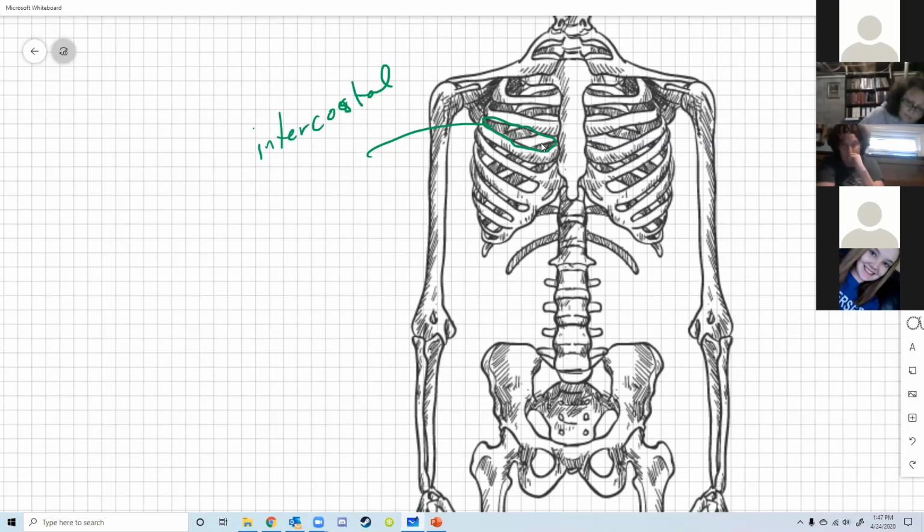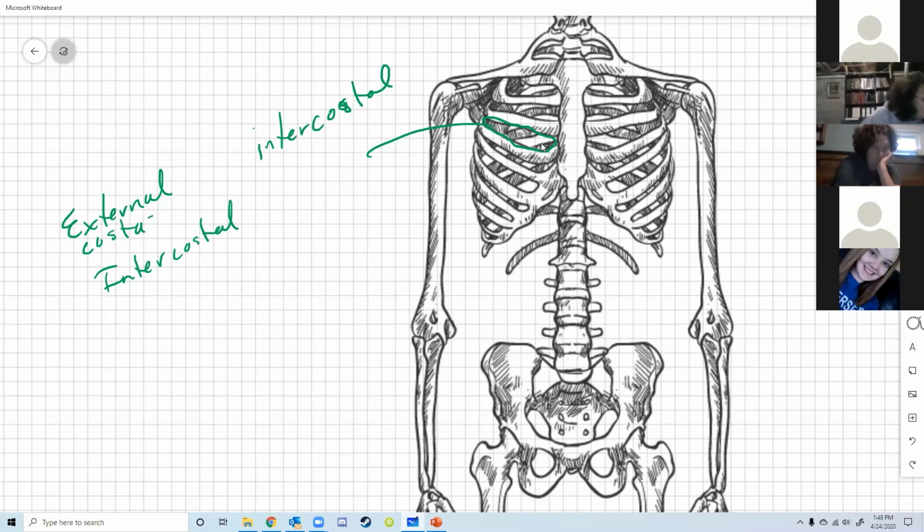So you got like two layers. So there's external and internal intercostal muscles. And if you can just remember that word costal means in between your ribs, you'll be fine.